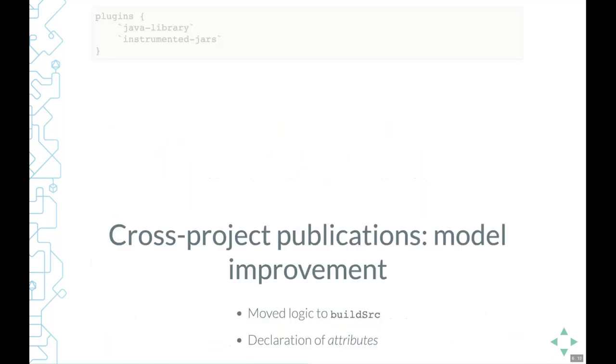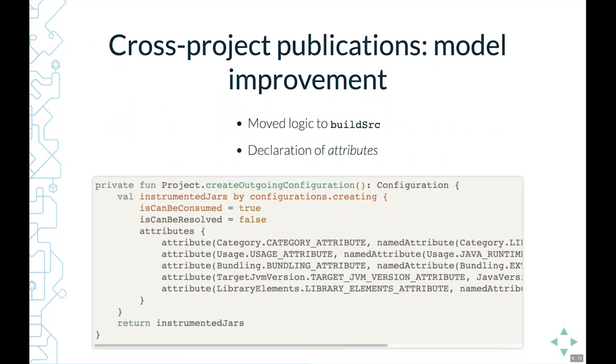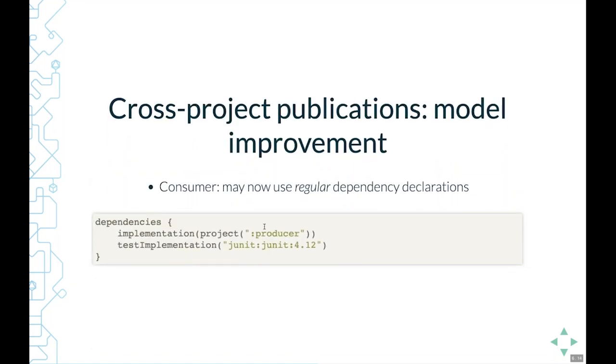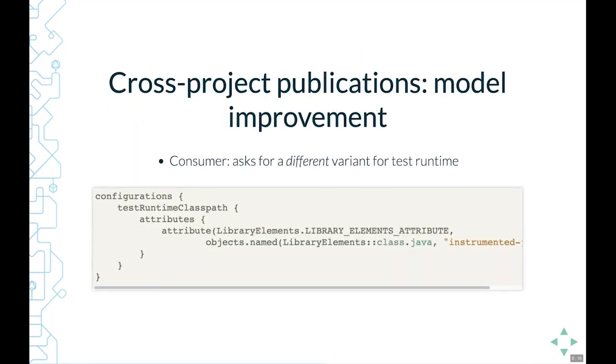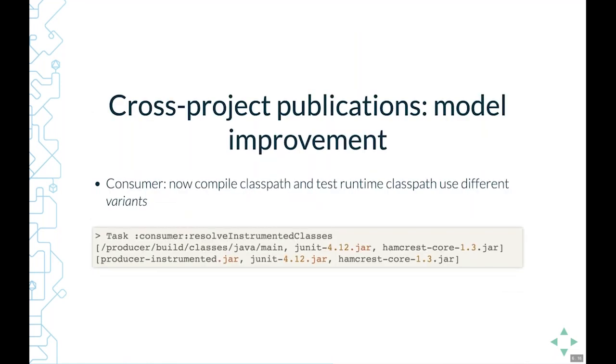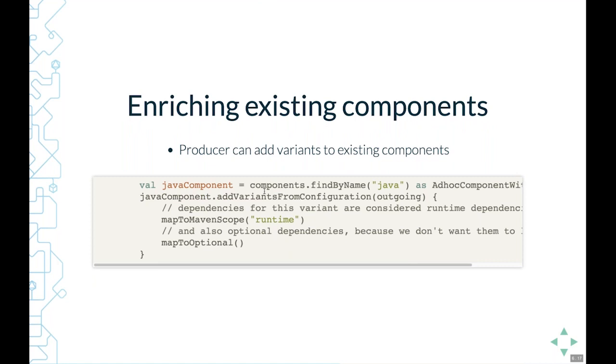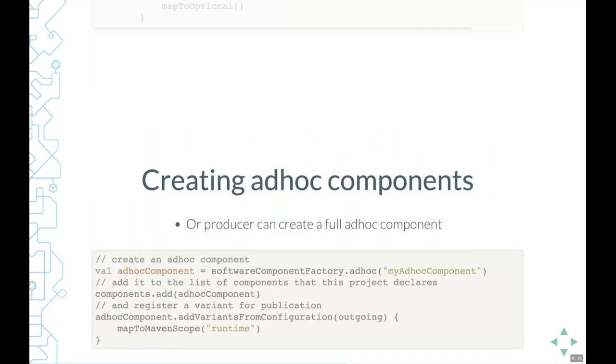We create a plugin on the producer side. We declare all the attributes that let Gradle find the right variant in the right context. And then on the consumer side, I can just use that project notation. So when I do that, I can split the different contexts. I can declare something on an existing component, or I can create ad hoc components.